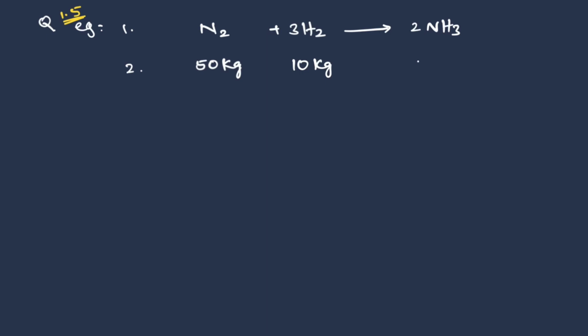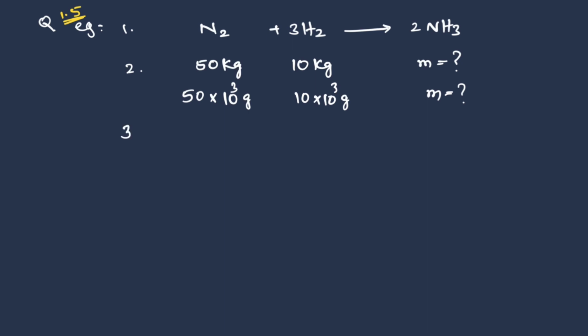Then they are asking what is the mass of product formed, that is ammonia. We know 1 kg means 10 power 3 gram. The mass of ammonia we don't know yet, so it is a question mark.